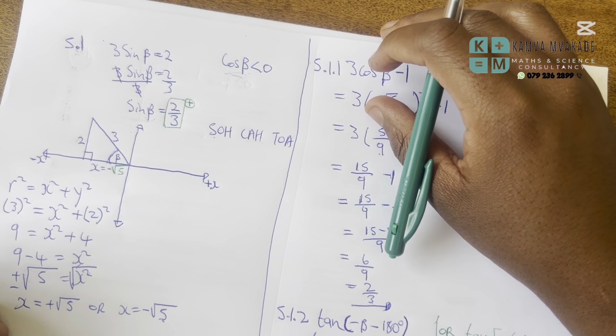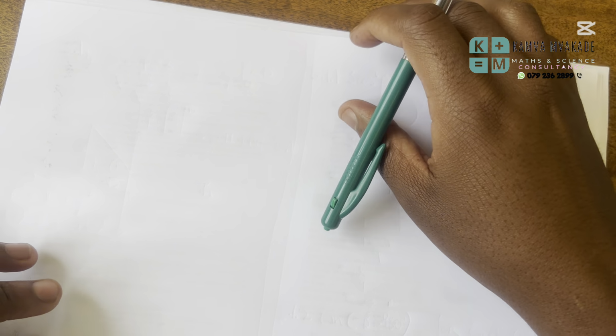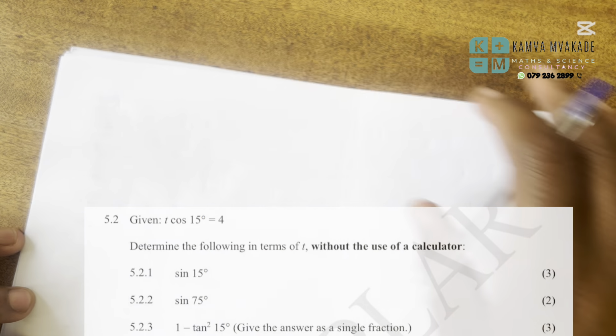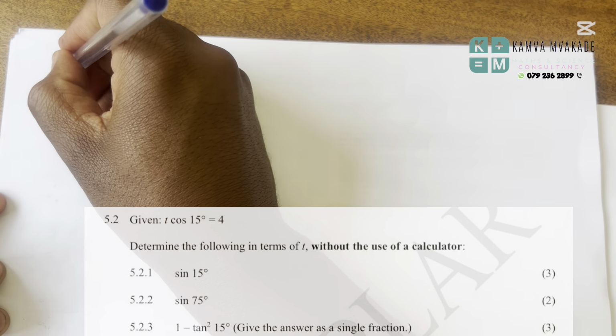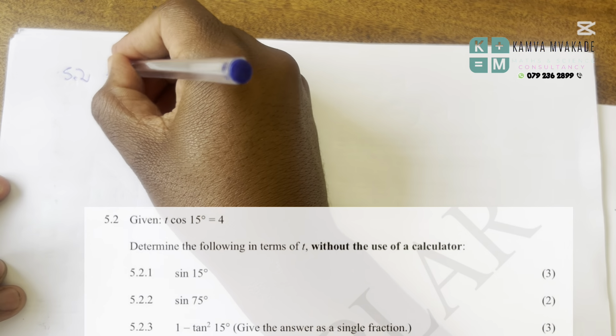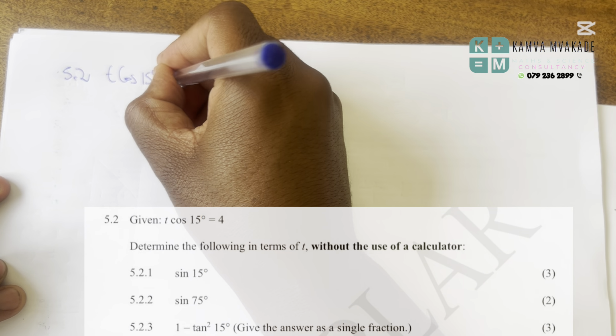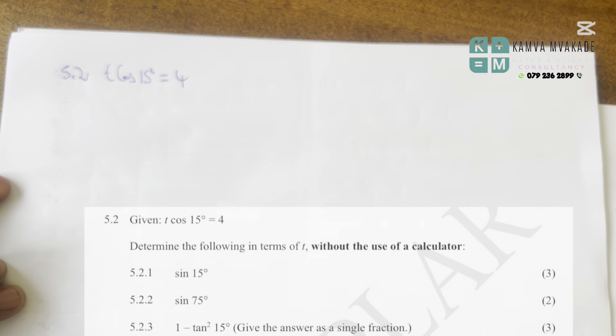Now, we have 5.2. Let's see how we can do 5.2. 5.2 says, given t cos 15 degrees is equal to 4.